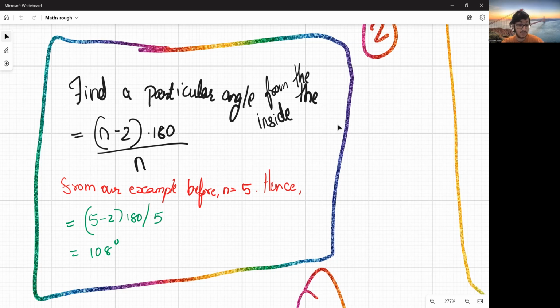So 5 minus 2 is 3, and 3 times 180 is 540, and 540 divided by 5 gives you 108 degrees. So each angle is equal, and each angle is going to be 108 degrees, like you see right here.